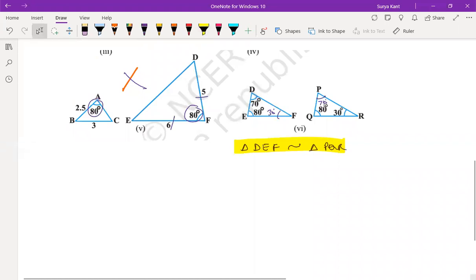Now the next question is question number second. This is a very easy question.